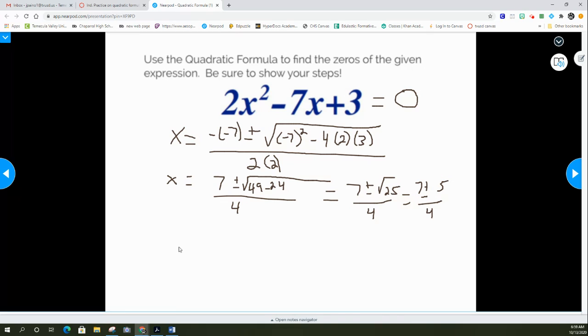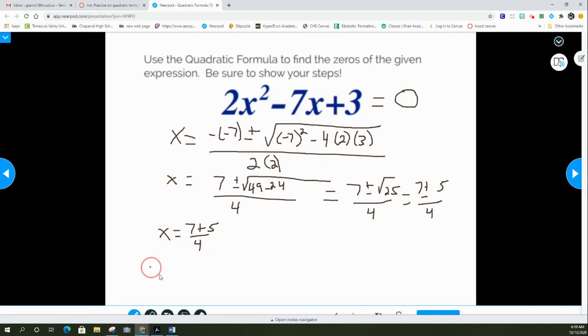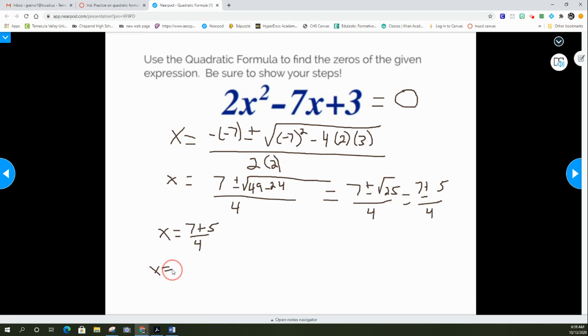Which we're going to break up into two different expressions: 7 plus 5 over 4 and 7 minus 5 over 4. And then I'll simplify both of these. 7 plus 5 is 12, 12 divided by 4 is 3.